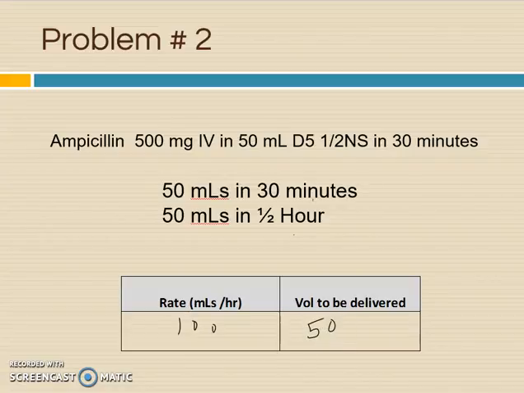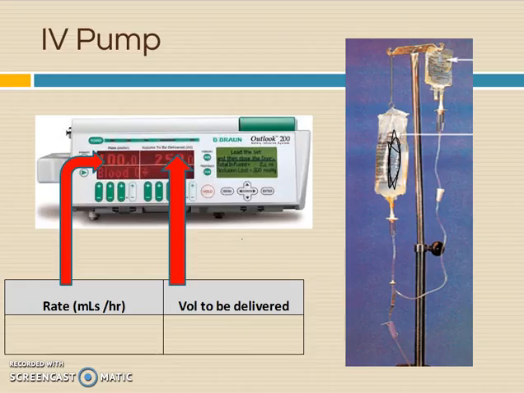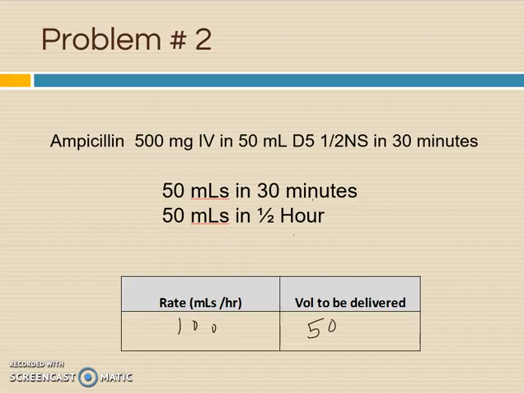So when 50 is delivered, it's going to go back to the big bag, the primary bag. After 50 has been delivered, it's going to go back to the primary rate, whatever rate you put in here. But we have to make this 100 so that it goes in 30 minutes.